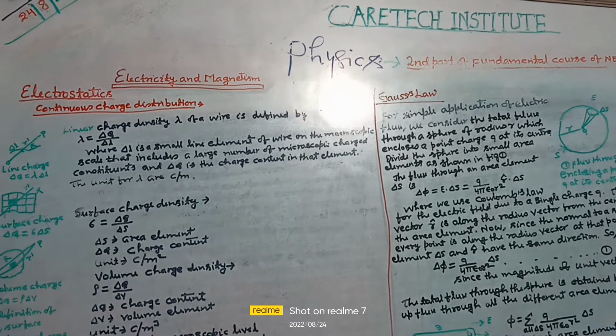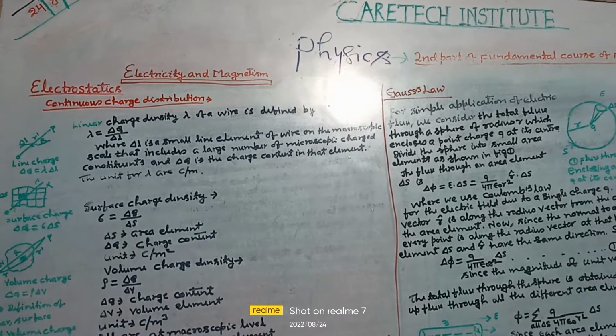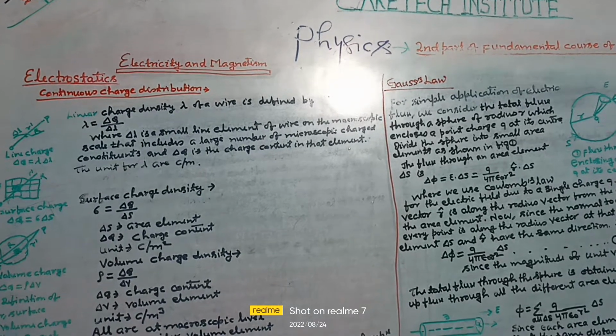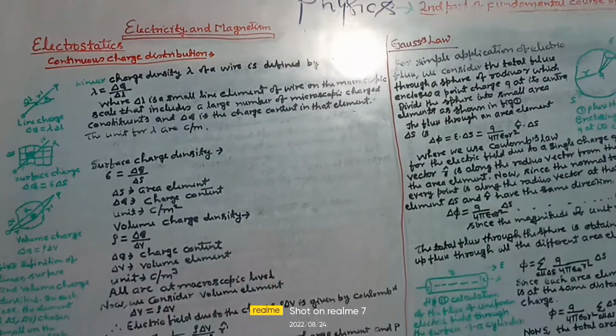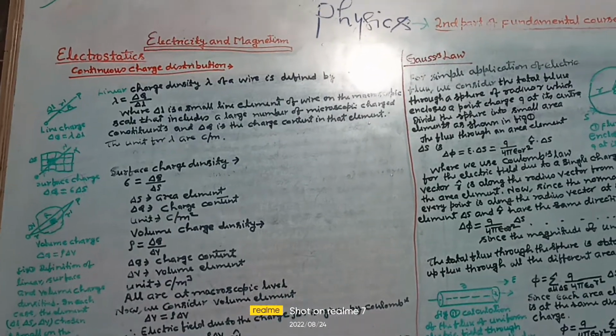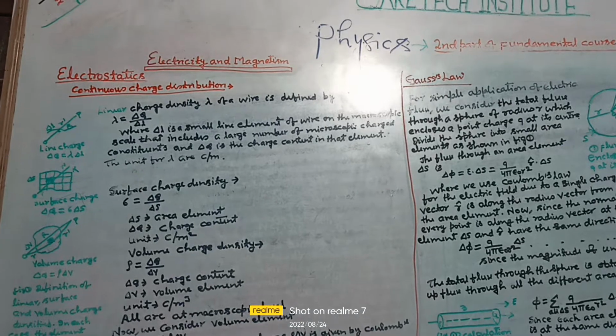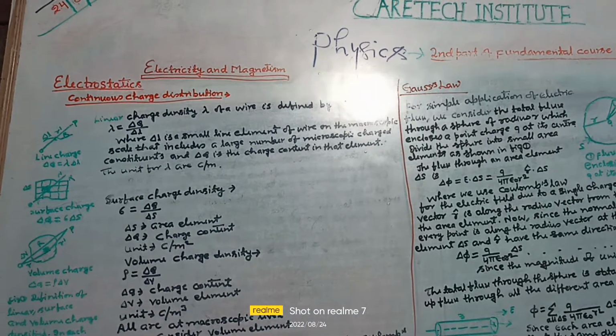The unit for lambda is coulomb per meter in SI units.